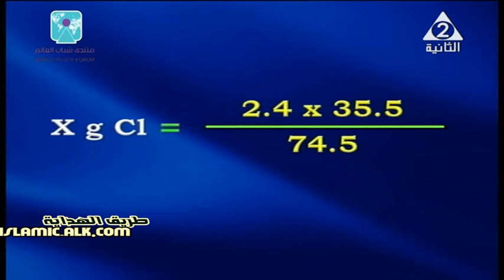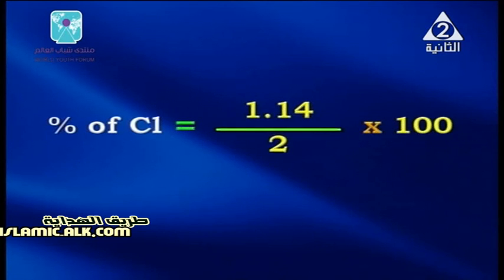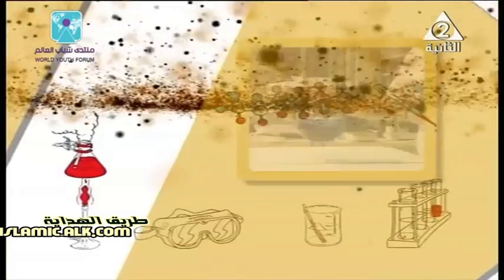So x gram chlorine equals 2.4 times 35.5 over 74.5, it will be 1.14 gram. So percentage of chlorine equals 1.14 over 2 times 100 equals 57%.